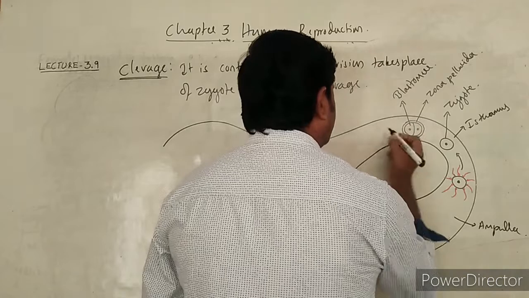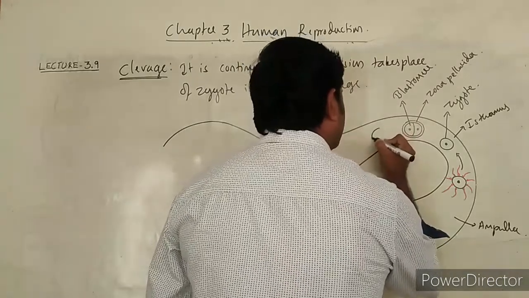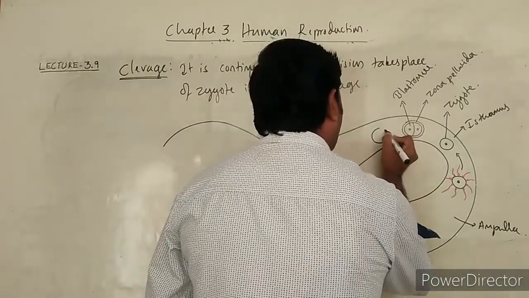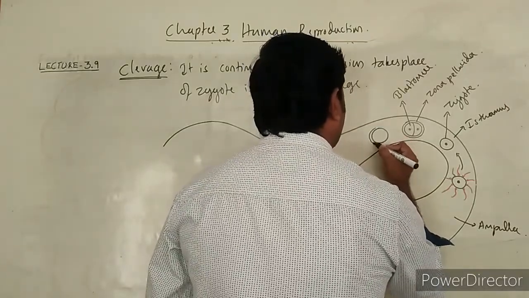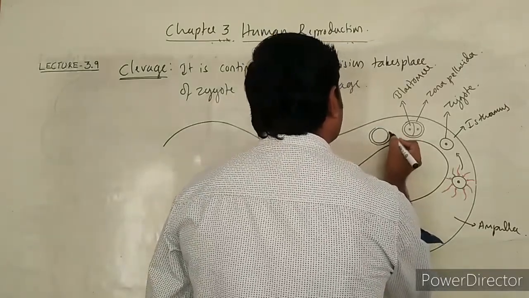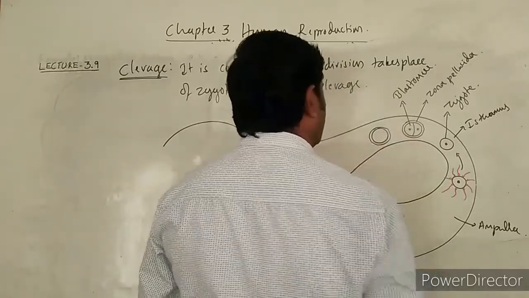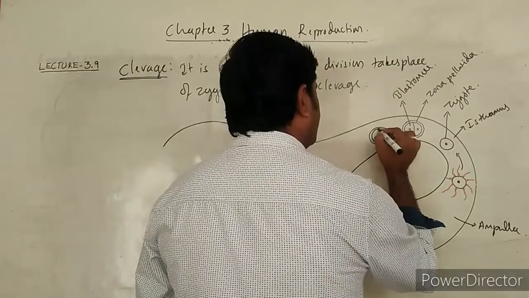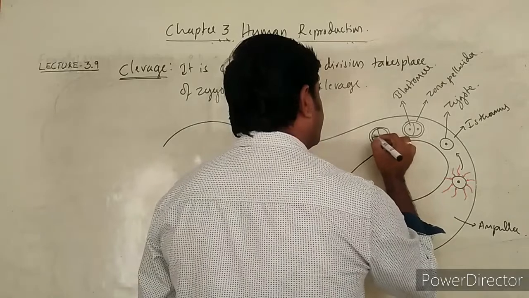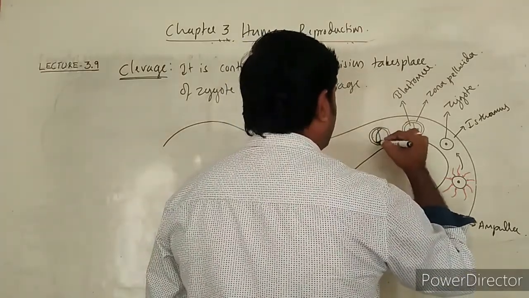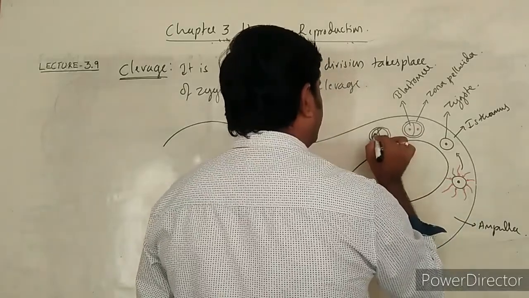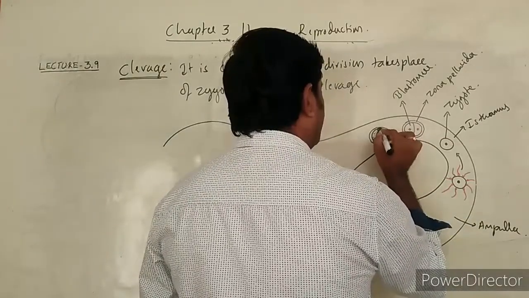And in the next stage, near about 40 hours after the fertilization, the cell divides into four cells. This is one cleavage, this is another cleavage, which is also vertical in nature. 1, 2, 3, 4.